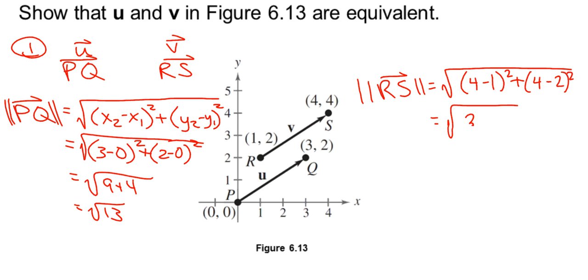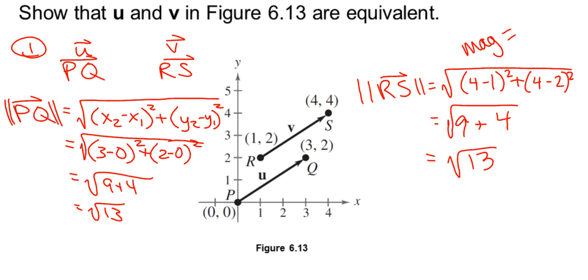Oh, well, yes, 9. Yeah, 3 squared, which is 9, sorry. And that is, okay, and they said to show that they're equivalent, so that's what we want to do. So they have the same magnitude, right? So magnitudes are equal.